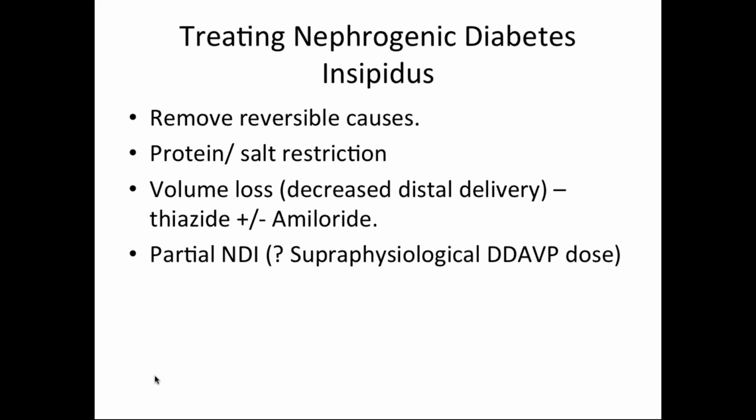The second is, most patients with nephrogenic diabetes insipidus are partial nephrogenic diabetes insipidus. And as you cause volume loss, you're going to cause ADH to go up from volume mechanisms rather than osmolarity mechanisms. And so that ADH that revs up from volume, because they are partial nephrogenic, they will respond to it with some amount of response, and that will help their polyuria as well.